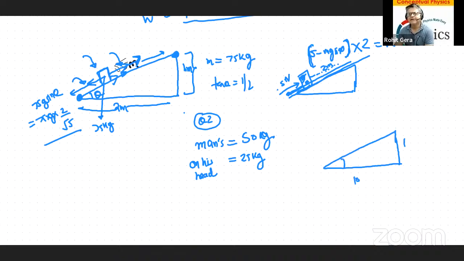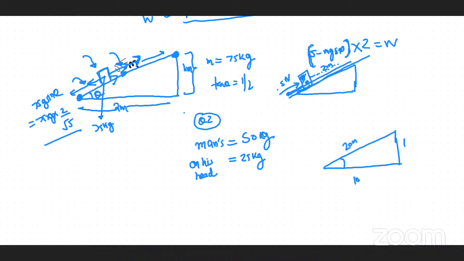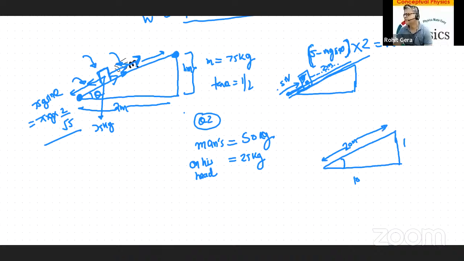The question is: what is the work done when he moves through a distance of 20 meters? Work done on himself or the box? Total work done, if he carries it on his head.